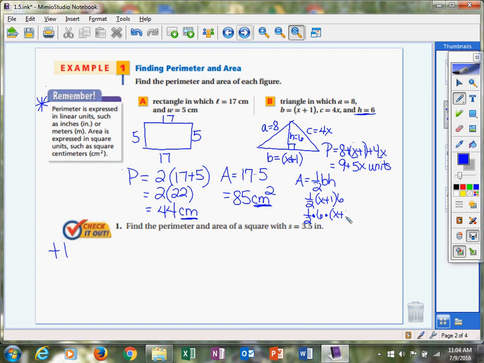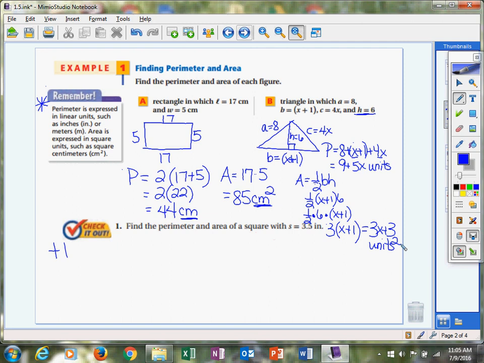And you can change the order like this and go, okay, 1/2 of 6 is 3, and 3 times x plus 1 is 3x plus 3, and this would be square units since it is area that we're finding. You could do it like that. Just trying to throw some options out there. I don't want to confuse you. I may have confused you already, so if I have, just put an asterisk by that one. I can reteach that one in class if you need me to.